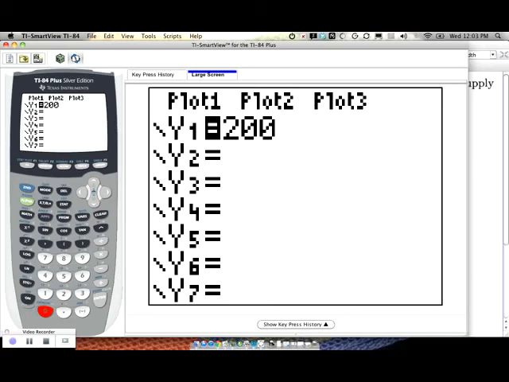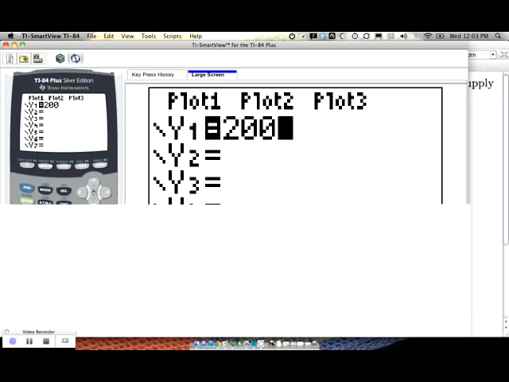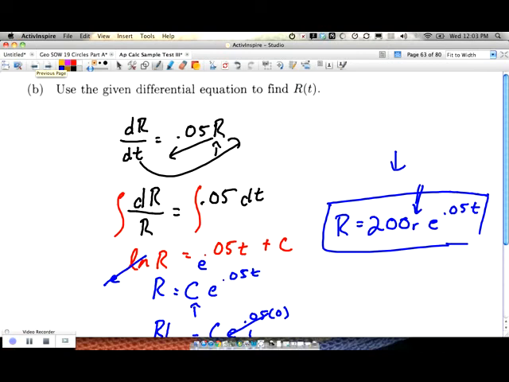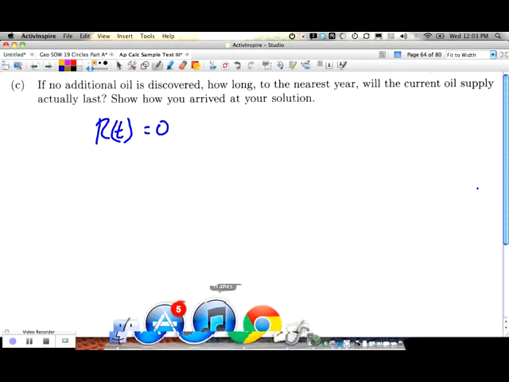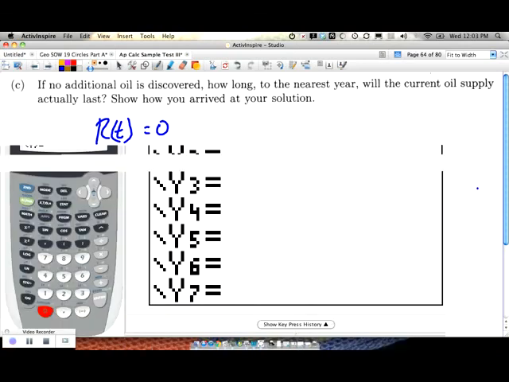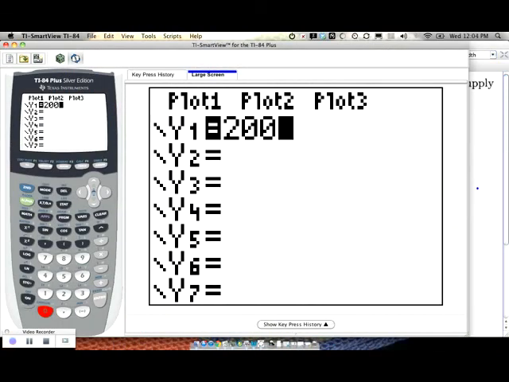Now, let me think about this for a second. If t equals 0, R is our current rate. So we're going to have 200 times e to the 0.05 times our variable, which is usually x, even though it says t.